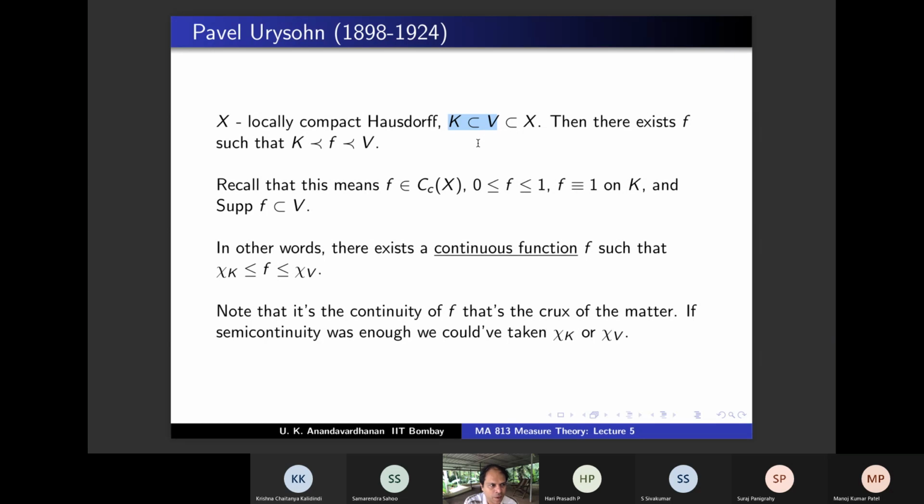That lemma, no? If you have K contained in U, then there is a V such that K is contained in V is contained in V bar is contained in U, and V bar is compact. This is where we practically will apply things. We will mostly be in a situation where V bar is compact, but not in general. So I will make the appropriate changes before uploading.